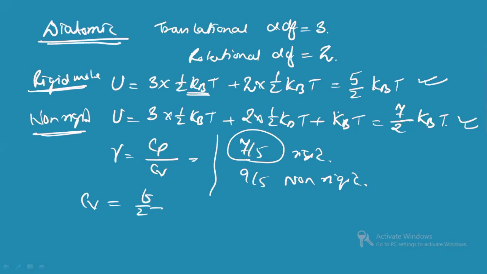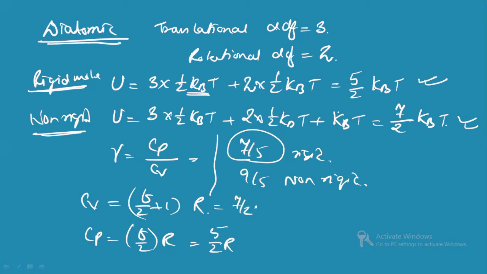Cv was what? f by 2 into R. Okay, I will calculate only for rigid. And Cp is equal to what? f by 2 plus 1 into R. So the degree of freedom for rigid was how much? 3 and 2, it was 5. So Cv is 5 by 2 R. Yes or no? And in case of Cp, you will write what? 5 by 2 plus 1. That will be how much?